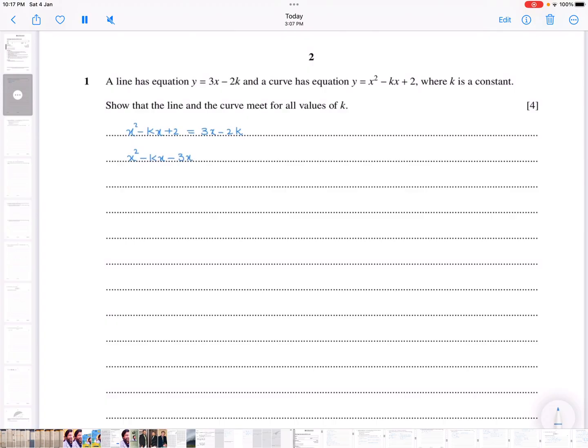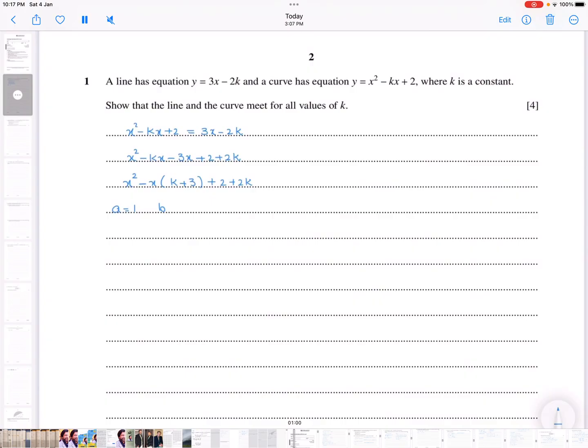So this is a simple question. We have to equate both equations and then try to form a quadratic. So bring all the values on one side, and here I'm taking x as a common. Now my a is 1.